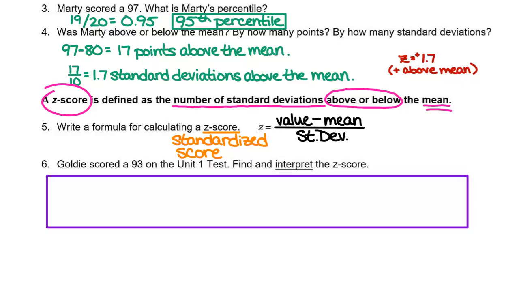Goldie got a 93 on the Unit 1 test. I want you to find the z-score. We're going to talk about the interpreting in just a minute. Find the z-score for Goldie.